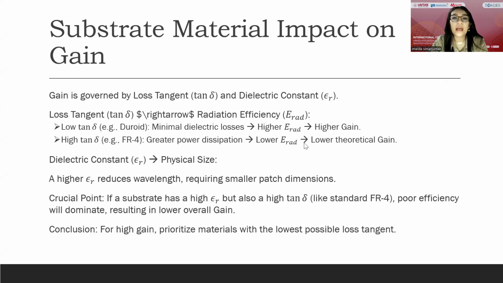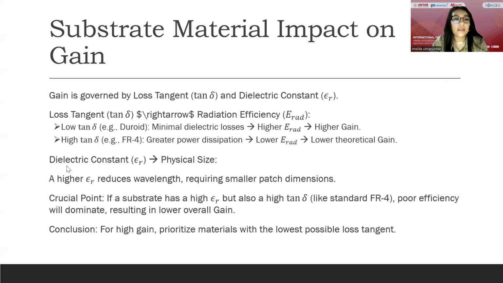It means higher radiation efficiency, so we get higher gain. On the other hand, a high loss tangent material, for example FR4, gets greater power dissipation. It means we get lower radiation efficiency and lower theoretical gain.